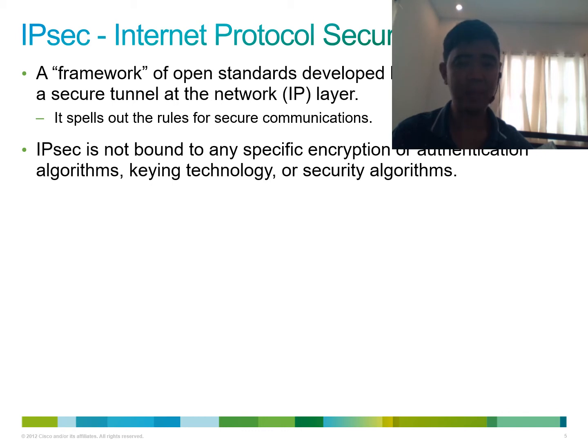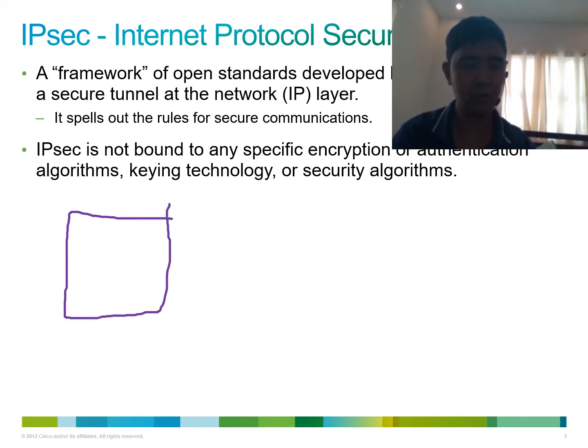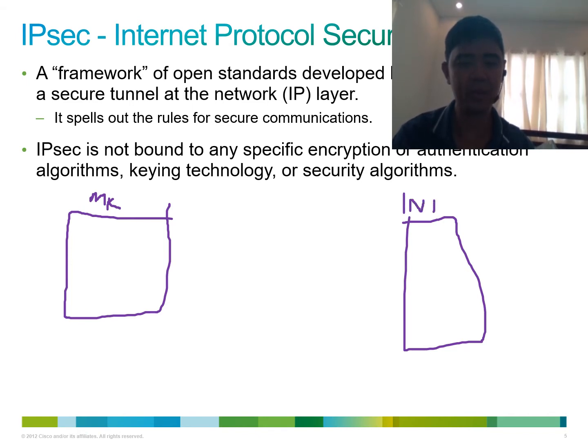So what happens in IPsec is it creates a tunnel. For example, I have two buildings here, say Makati, MK for Makati, and then say this is for Intra. So what happens in IPsec by concept is if there is data to be transmitted through the internet, this is the internet, the cloud, IPsec will create a tunnel.